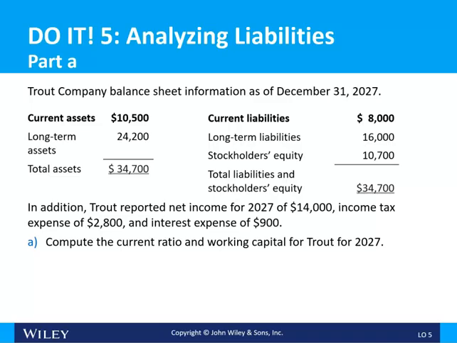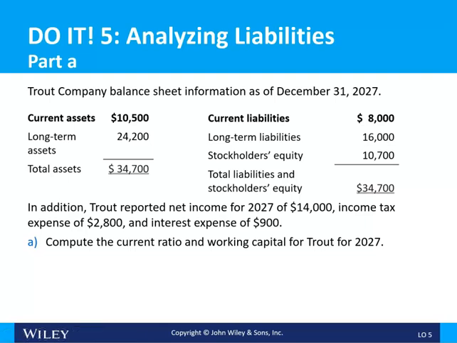So let's do some of these ratios. We have some information listed here for Trout Company as of December 31st, 2027. In addition, they have reported net income of $14,000, income tax expense of $2,800, and interest expense of $900. What's the current ratio and working capital for Trout?